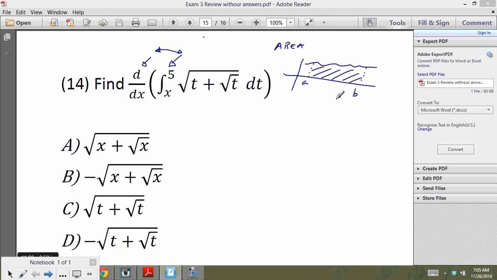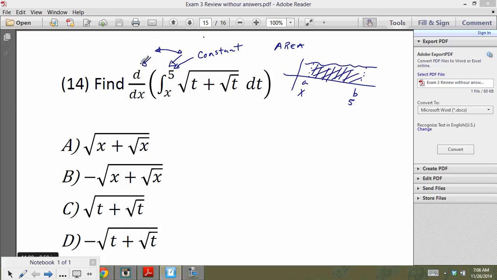Well, what they're doing in this case is they're holding one of the bounds constant. They have a 5 here that's constant, right? And they're allowing the other bound, the lower bound in this case, to float. So this is like x, where the a is positioned here, and then this is 5, all right? And so they're allowing this lower endpoint to be moved, right?